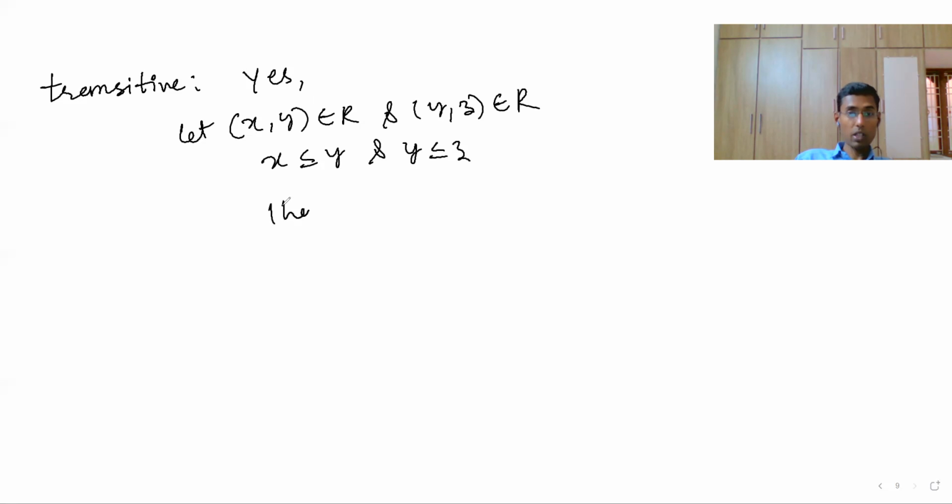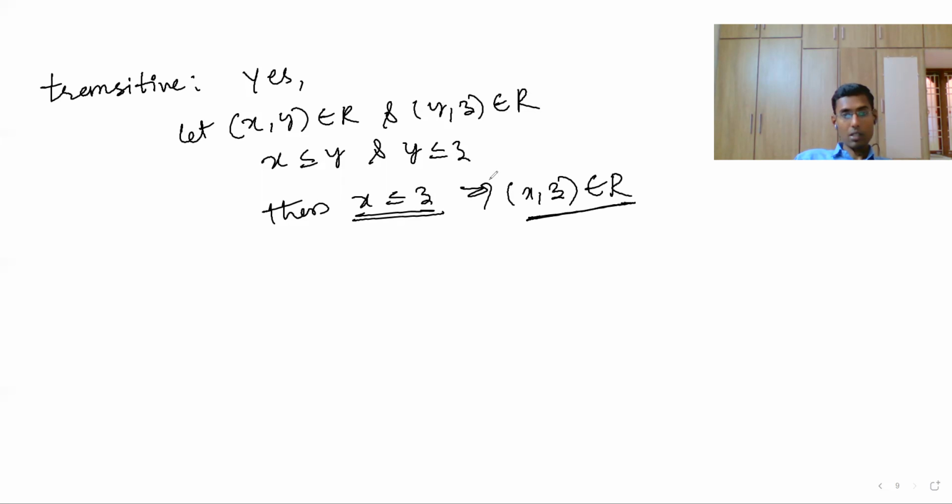Then automatically you can say x is less than or equal to z. For any elements you take, (x, z) belongs to R.